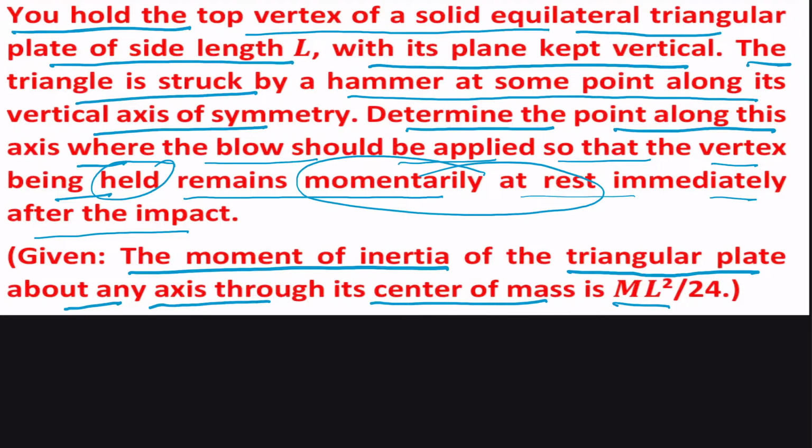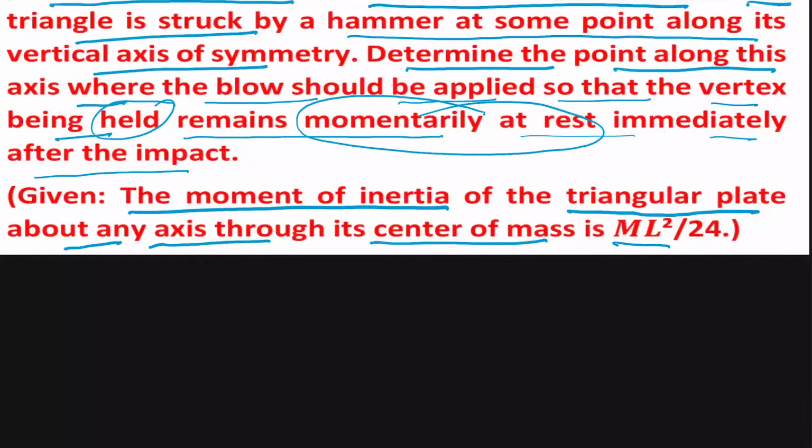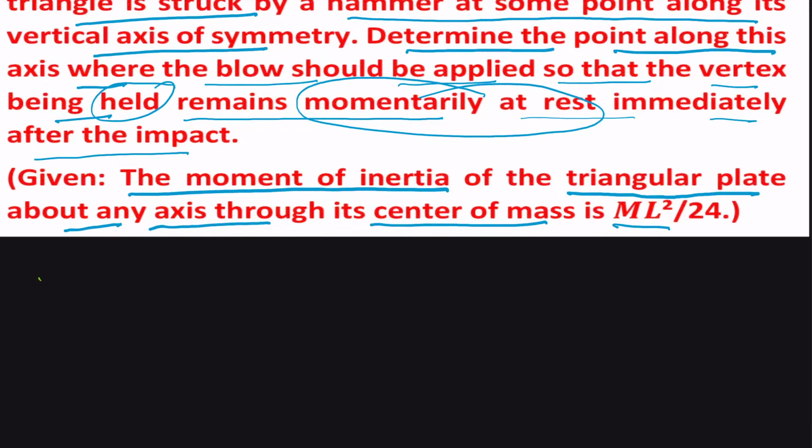we are given that we have an equilateral triangle whose side length is L. So we can say that we have our equilateral triangle, and we are given that the side length is equal to capital L. Okay, so this is given to us.